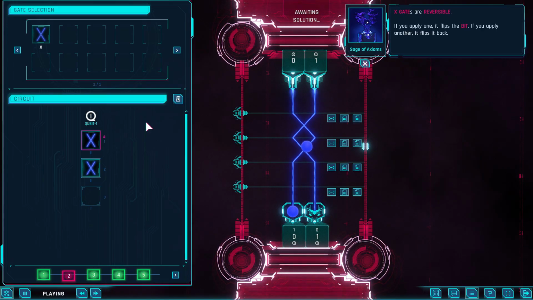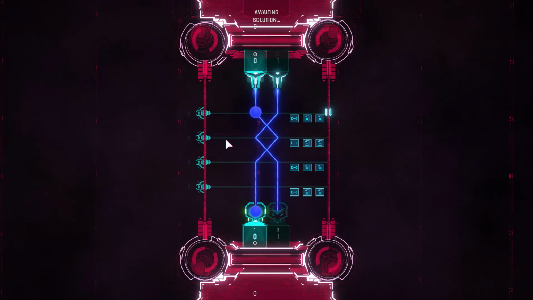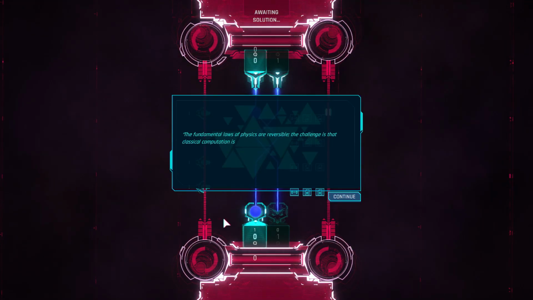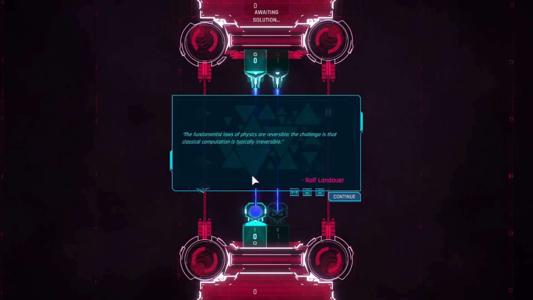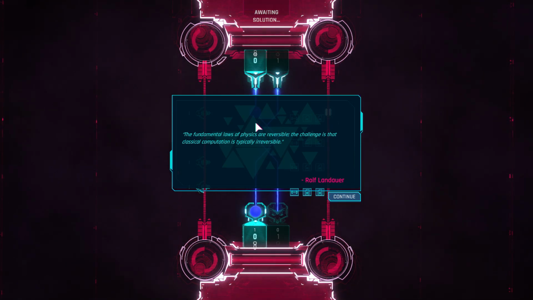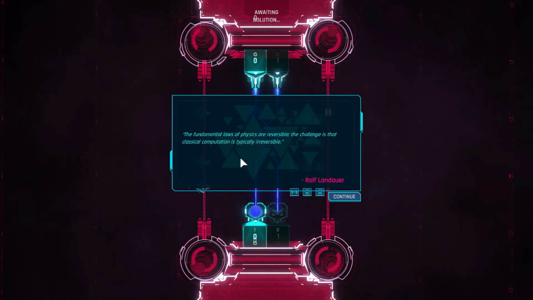So 2 X gates is the same thing as 0 X gates. And so we get the 0 state to come back. Anytime you have X gates in a line like that, if they are even in number, the result will be the same. If they're odd in number, the result will be flipped.